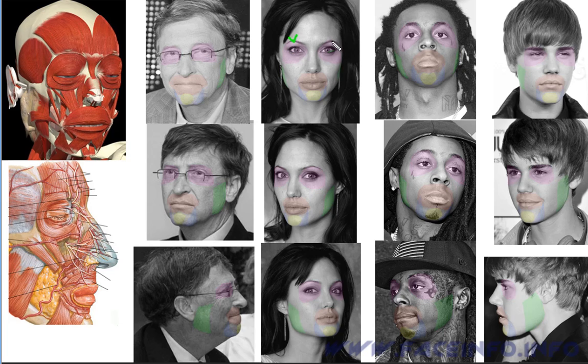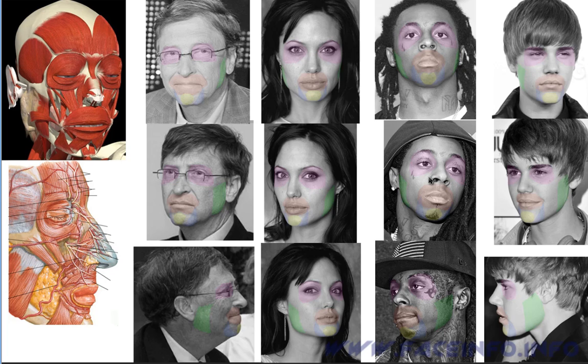So, there, this line, that line is the lower edge of the orbicularis oculi. It can be clearly seen on these faces.